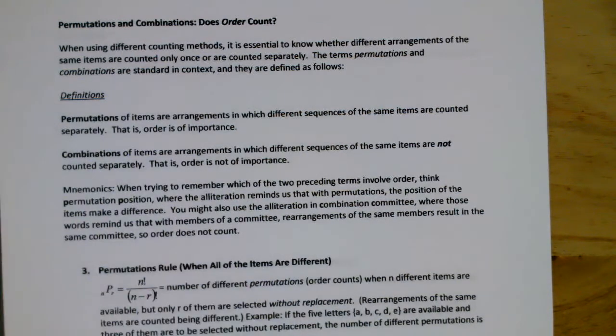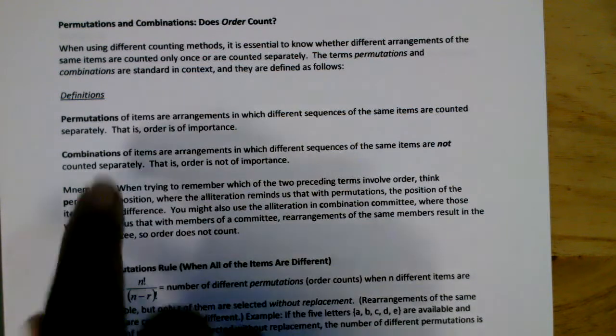So here we've got a couple of definitions to deal with. Permutations of items are arrangements in which different sequences of the same items are counted separately. That is, the order is of importance. So here we're dealing with the order, so that means we need to deal with permutations.